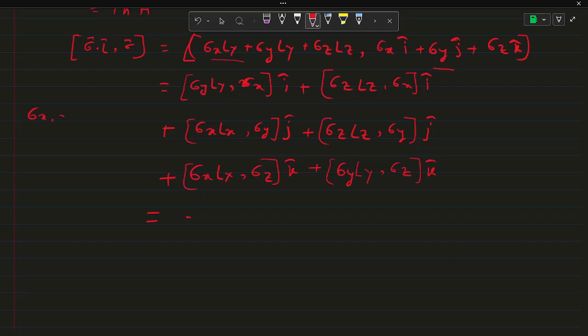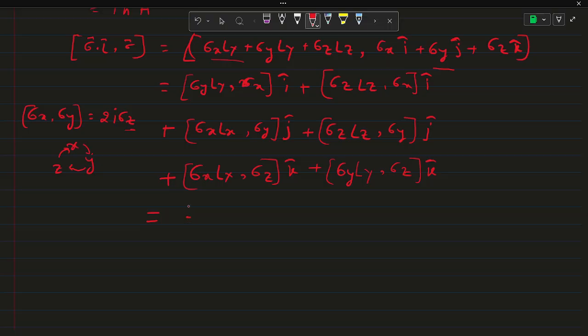Sigma x sigma y will give twice i sigma z. Similarly, this is cyclical, so similarly we can find other terms. This is a cyclical term, so as we change the position of x and y, the position of z will change.